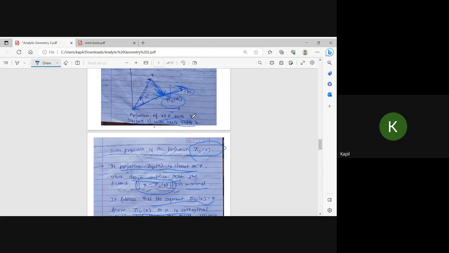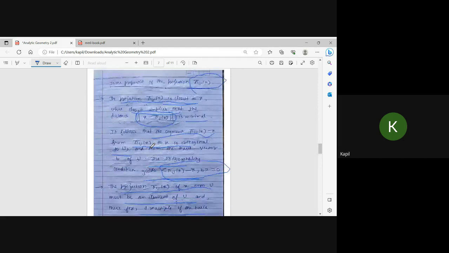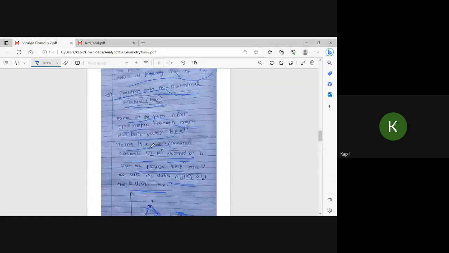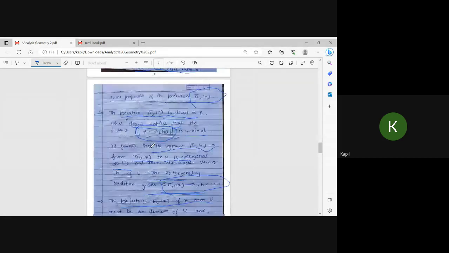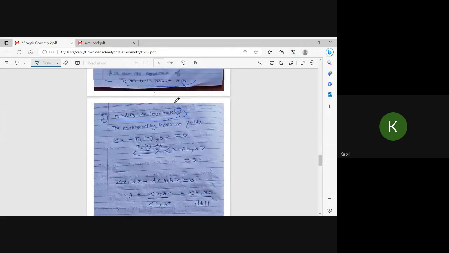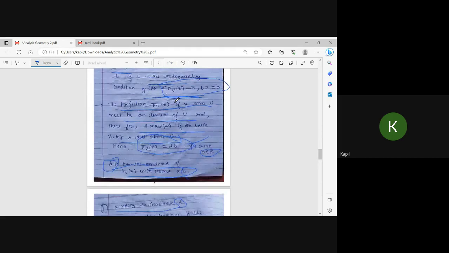Now, using these two properties, we can find more results regarding projection onto one-dimensional subspaces. First of all, we can find our coordinate lambda using those properties. How do we find the coordinate lambda?